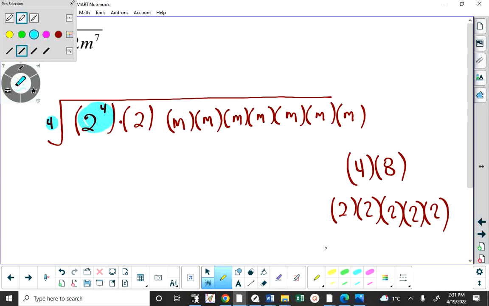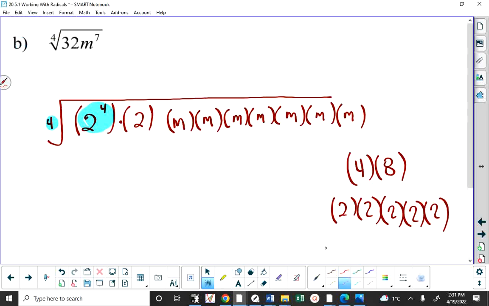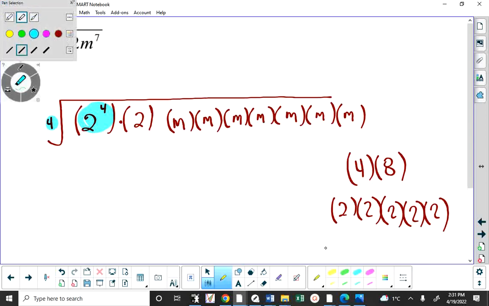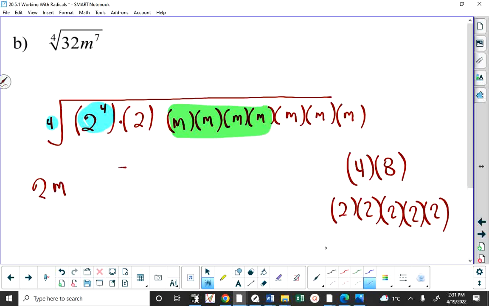And I also have 4 m's, which I could have written as m to the 4 times m to the 3. But regardless, I can take a single 2 out, a single m out, and be left with the fourth root of, what do I have? A 2m cubed.